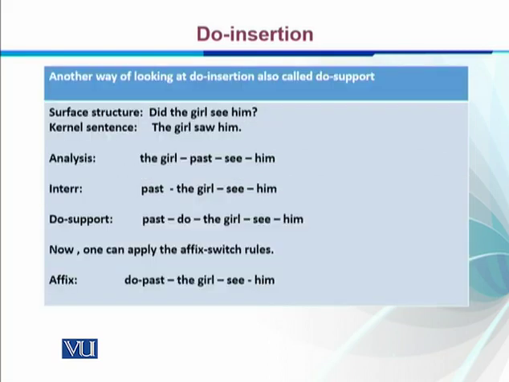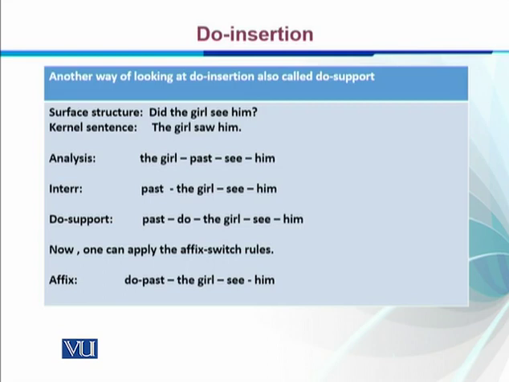Let's look at another way of looking at do insertion. Surface structure is did the girl see him, and the kernel sentence is the girl saw him. So if we analyze the sentence, the girl, past tense, past see and him. So we know past see is saw. For an interrogative sentence, we will bring past into the front position and the remaining things remain there.